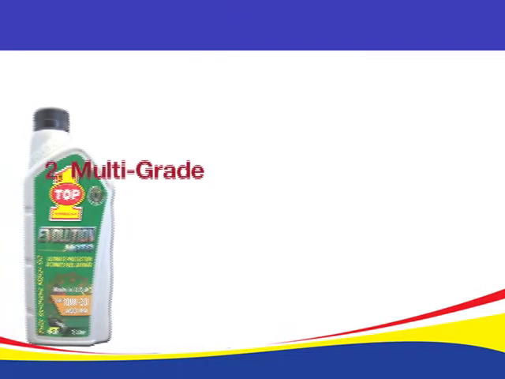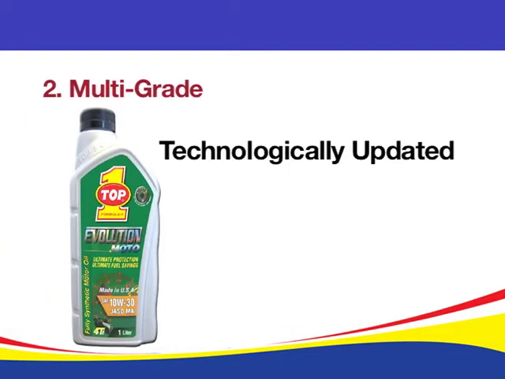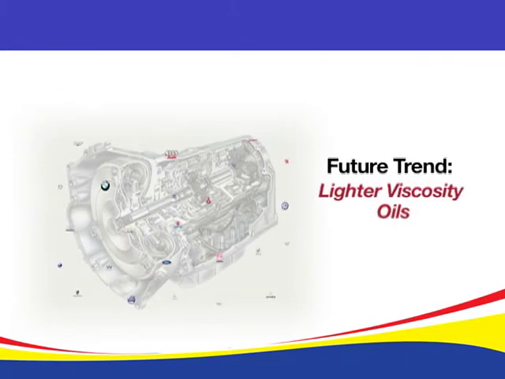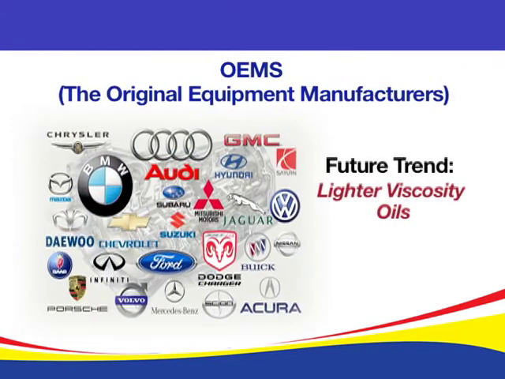On the other hand, multi-grade motor oil is more technologically updated because of its increased operating conditions as well as performance capabilities. Future viscosity trends are being driven by OEMs, the original equipment manufacturers, toward lighter viscosity oils.